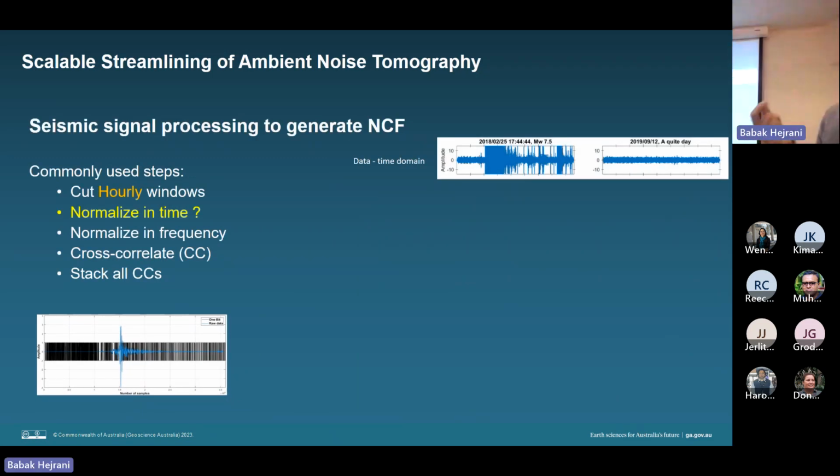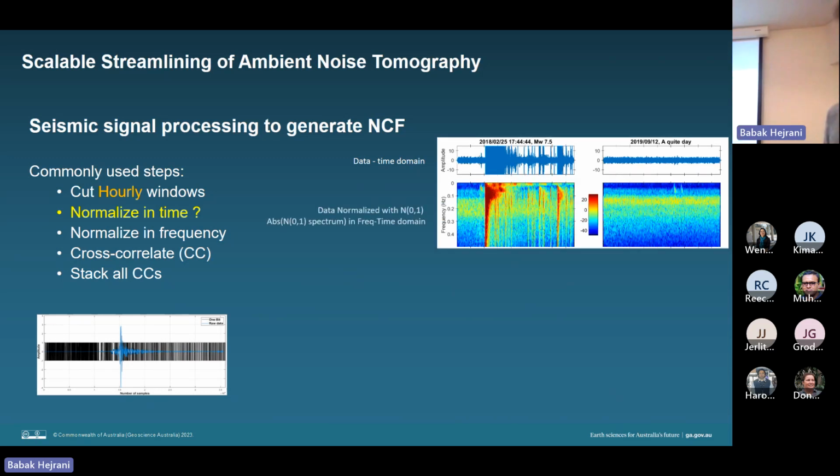To further convince you, I plot an example. Here's one day of data, one busy day on the left and one quiet day on the right. The busy day is the same magnitude 7.5 earthquake in Papua New Guinea, recorded by station WRKA in the center of Australia.